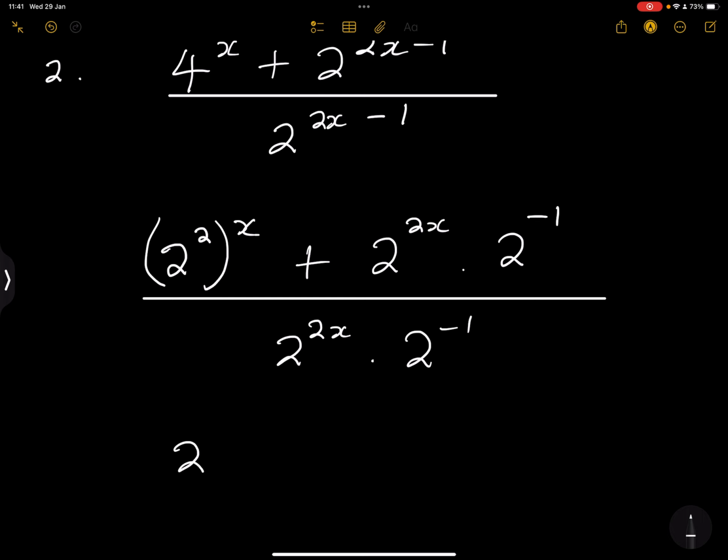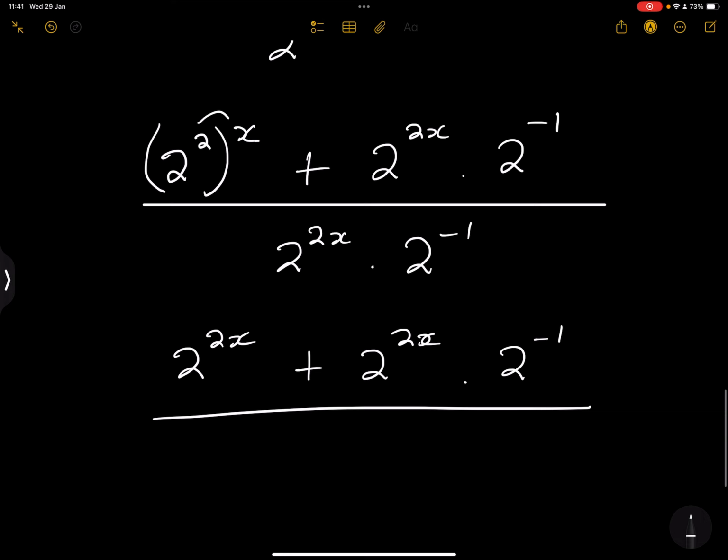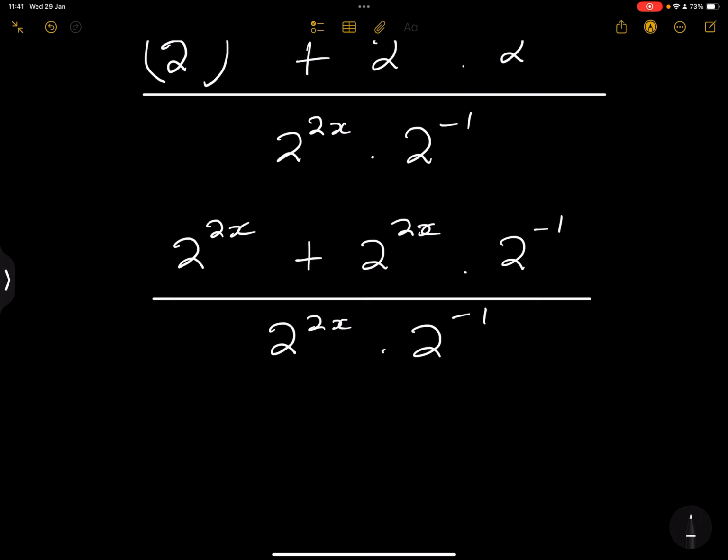Well, if we apply our laws, that becomes 2 to the power 2x plus 2 to the power 2x times 2 to the power of minus 1 divided by 2 to the power of 2x times 2 to the power of negative 1. Right, again, ladies and gents, if you look at the numerator, we've got a common factor. The highest common factor there is 2 to the power of 2x.